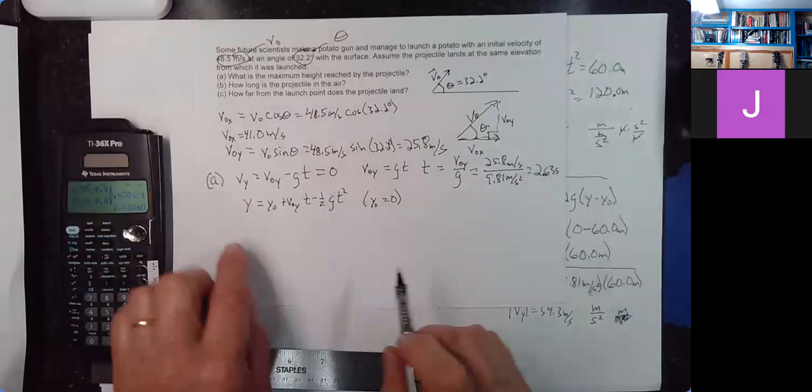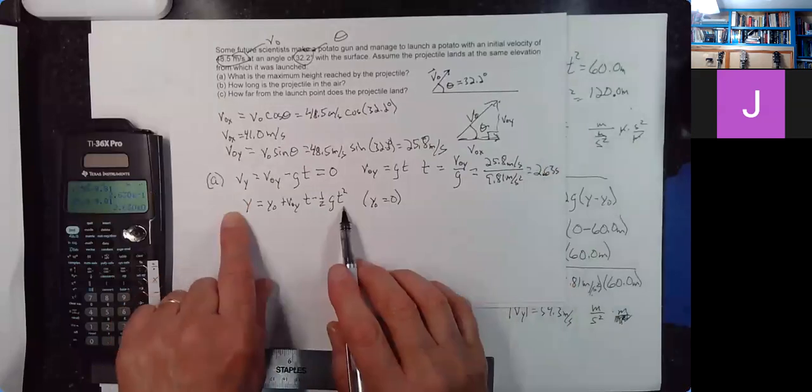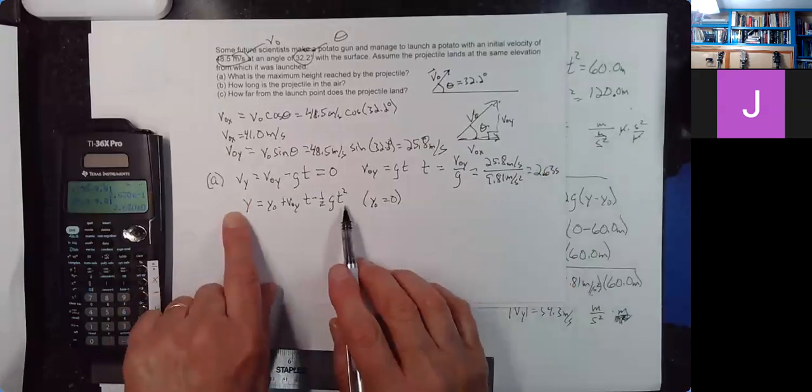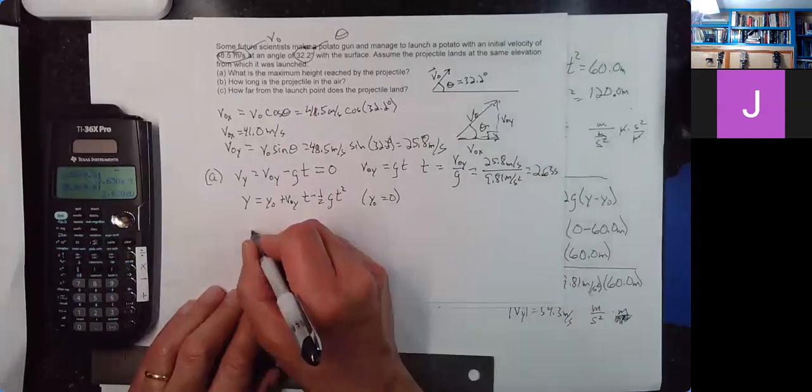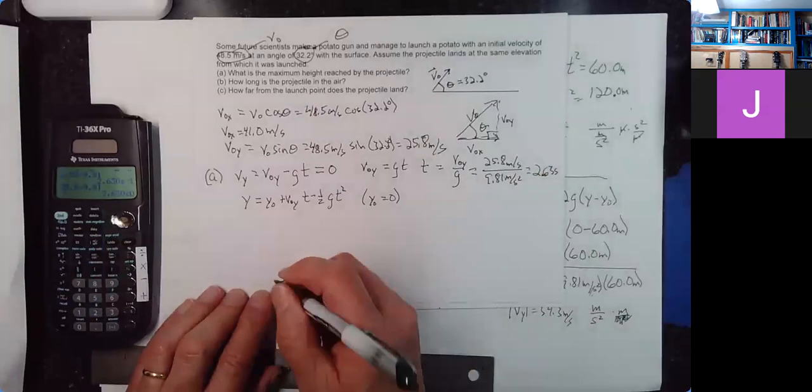This equation will tell me how high that high point happens to be. So that's the way to do it. Yeah, maximum height reached by the projectile.